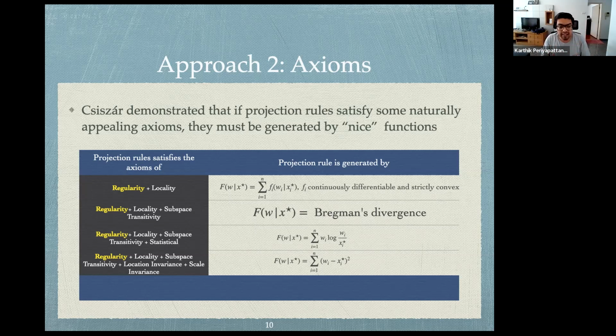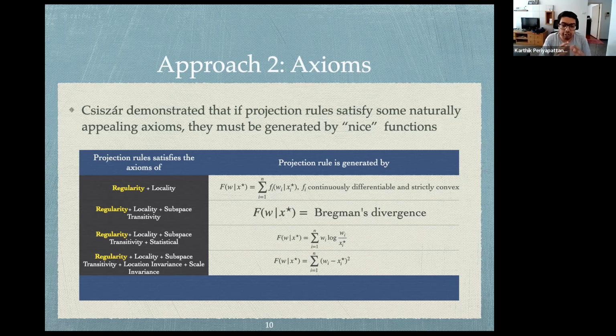Likewise, he says, if you throw in two more conditions, maybe statistical and scale invariance and location invariance, then the projection rule has to be generated by the mean squared error function. So the minimum mean squared error estimation process that we have is actually a projection rule which satisfies a lot of conditions. Whether you want these conditions or not, they are there in the background.